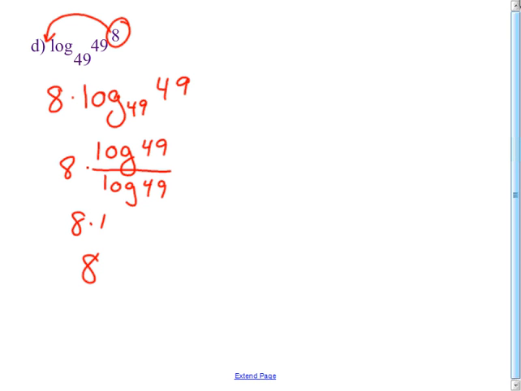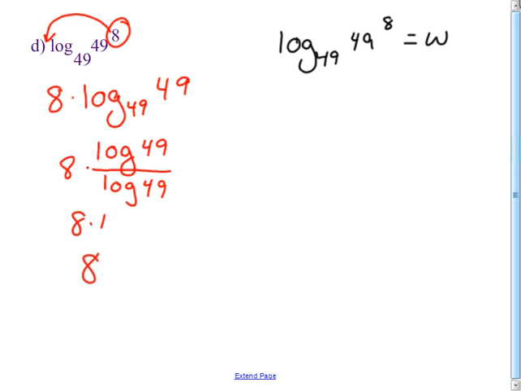A wonderful shortcut that takes place. Now, keep in mind, part of the reason this works as well is I could rewrite this into exponential form. I want you to see what this looks like. Log base 49 of 49 to the 8th. We're trying to figure out what it equals. I'll just set it equal to something. So I can rewrite this exponentially.